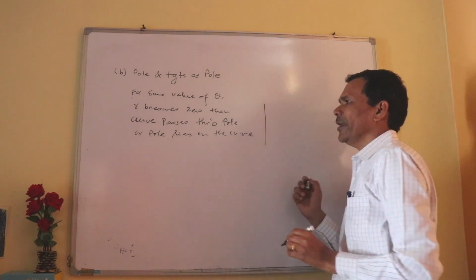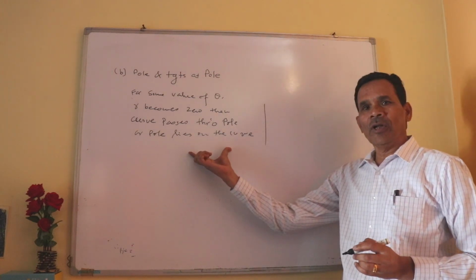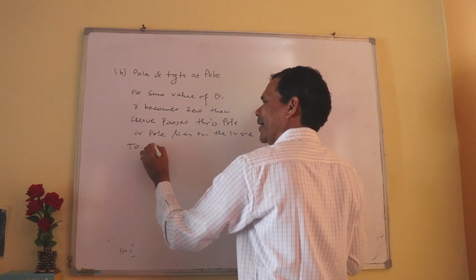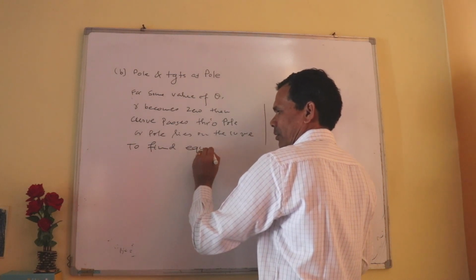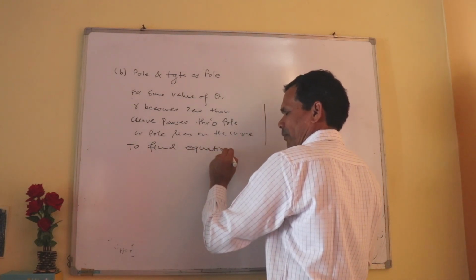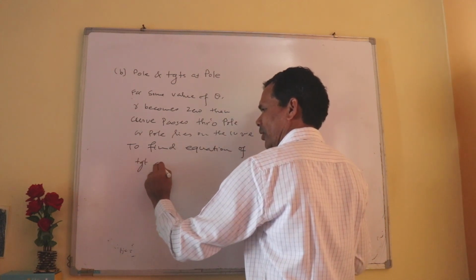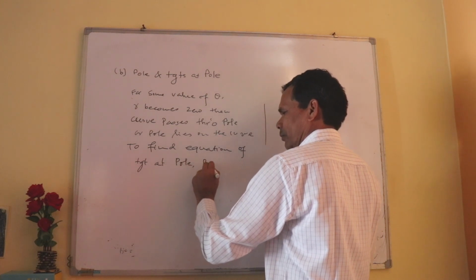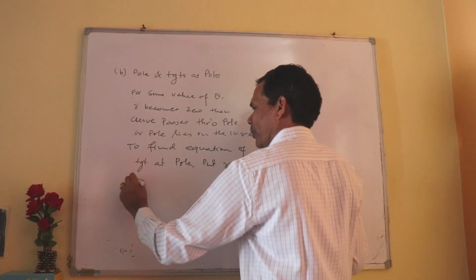As usual, if the curve passes through the pole, then to find the equation of the tangent at the pole, put r is equal to 0 in the equation of the curve.